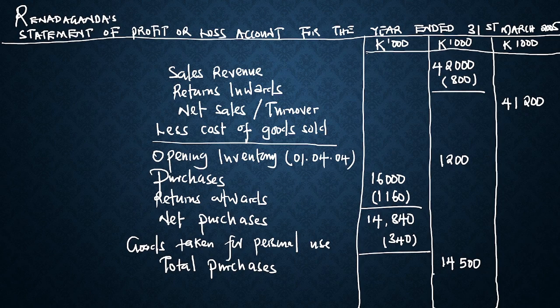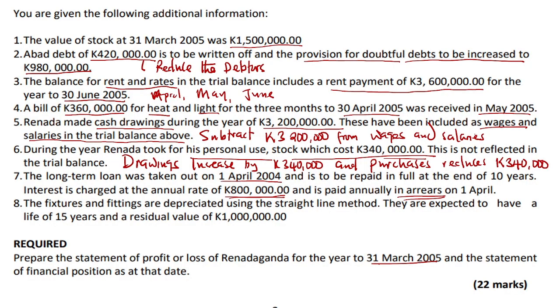Questions? For the increase of the drawings, it's not going to be inclusive in this calculation. So we have drawings increased by 3/4 and purchases reduced by 3/4.